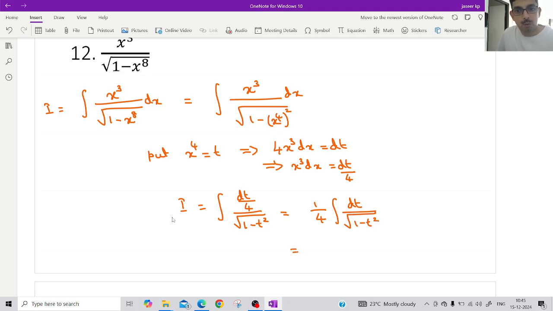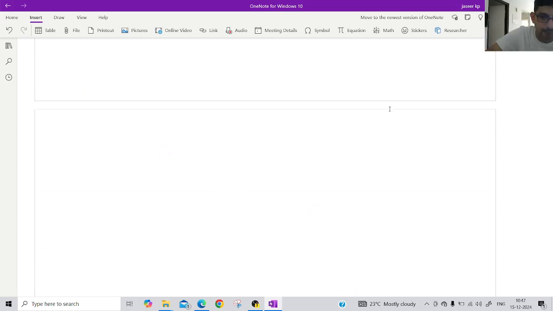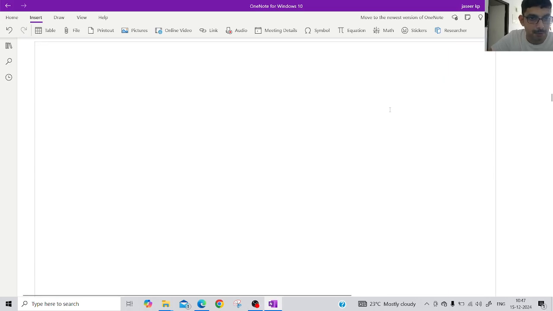So that will be 1 by 4 sin inverse of t plus c. Now going back to x, t is x power 4. So 1 by 4 sin inverse of x power 4 plus c. So this is the answer to this particular problem. Now we'll move to the next problem.